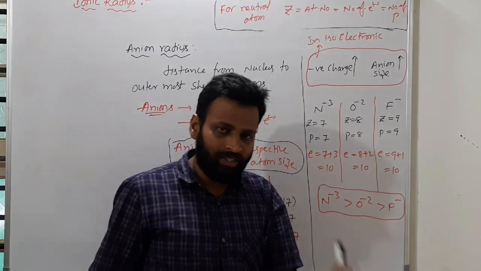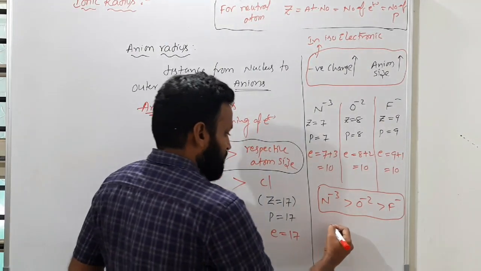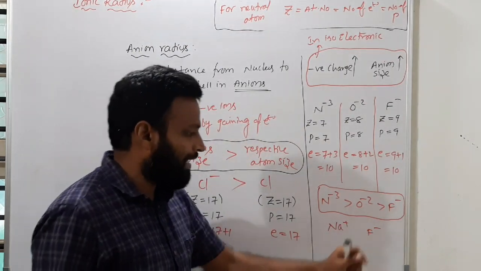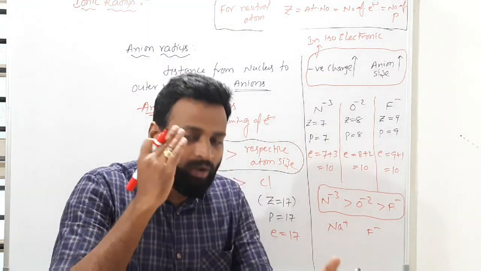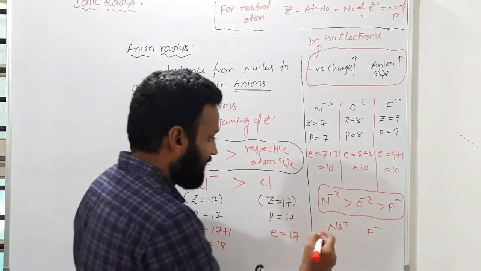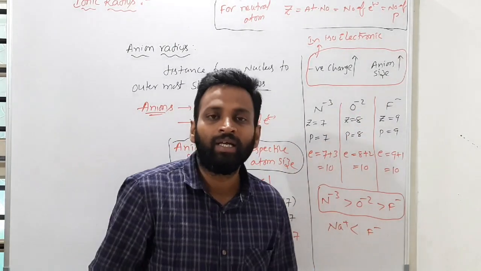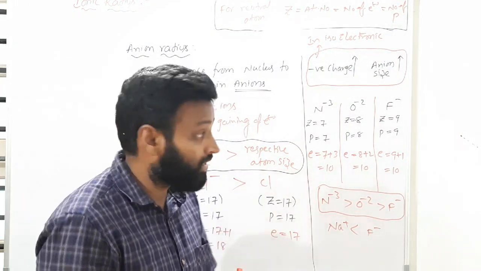So comparatively, if I consider Na plus and F minus, all have the same number of electrons, then which has more radius is very clear. Anions always have more radius than cations. This is very, very important.